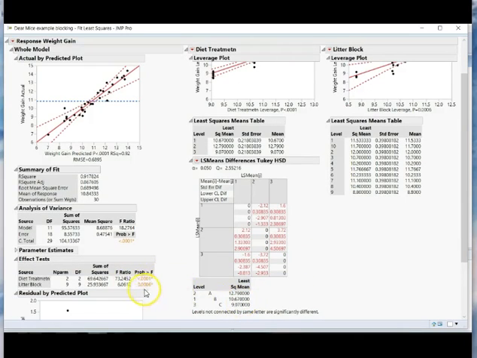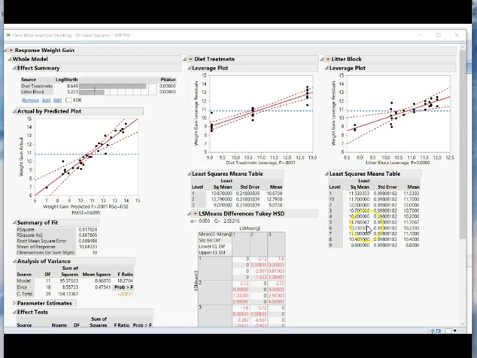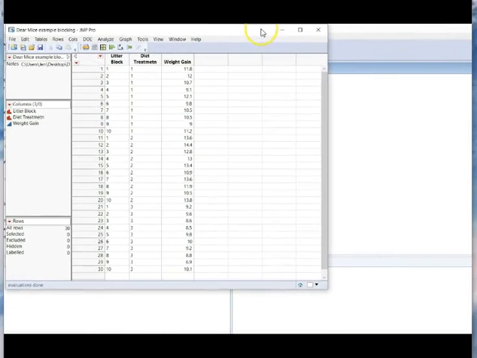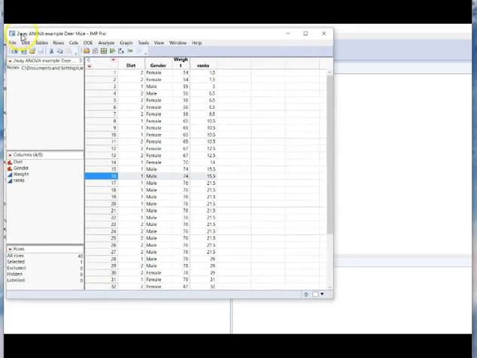We have a significant result. Luckily we used the blocking factor because it was significant, but still the majority of the variability is accounted for by this diet treatment, and here is how those diet treatments actually differ from each other. We didn't really care about litter, it was just a blocking factor. But there are other data sets and other times when we actually will care about those differences.